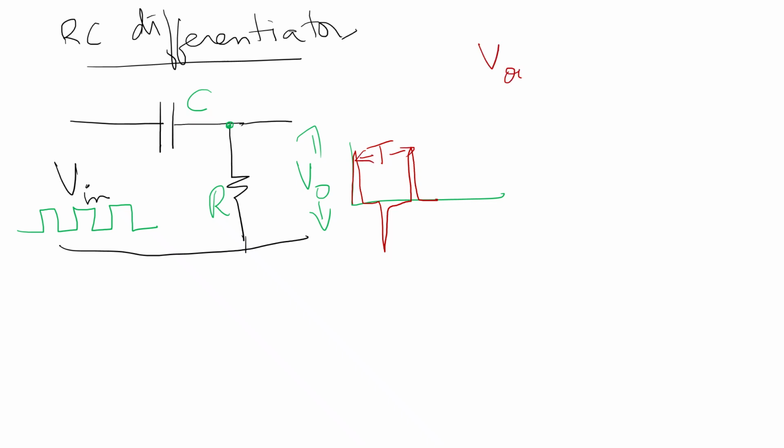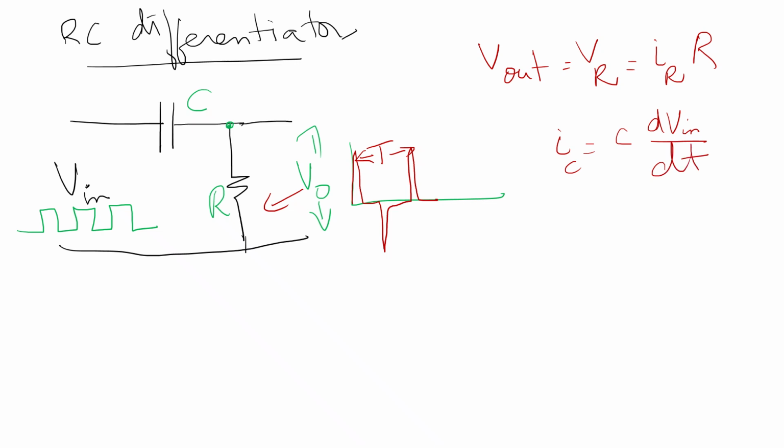And to calculate the output voltage, V out is the voltage drop across the resistor R, which is equal to the current through the resistor into R. We know IC is equal to C into dV in by dt, where IC is the current passing through the capacitor and IR is the current through the resistor.